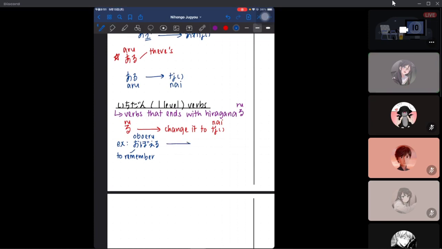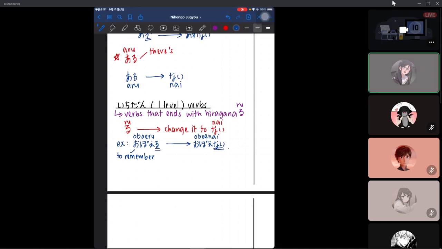If you change it to present tense negative, it will become, like Kanemi said, oboenai. So the rule here, you change ru and it becomes nai.